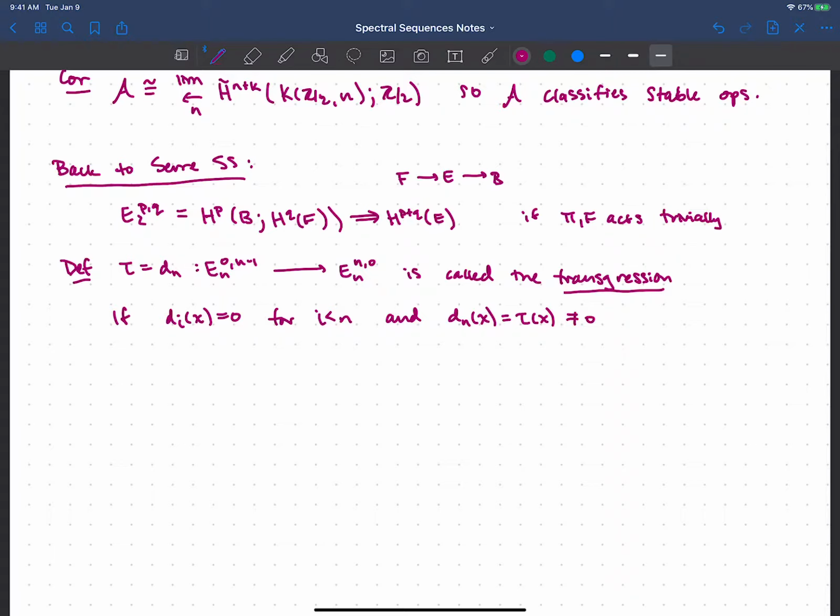If we then get something non-zero, then we call our x transgressive. We might say it supports a transgression. Okay, so remember that our Serre spectral sequence is a first quadrant spectral sequence. So let's look at our E_n page.